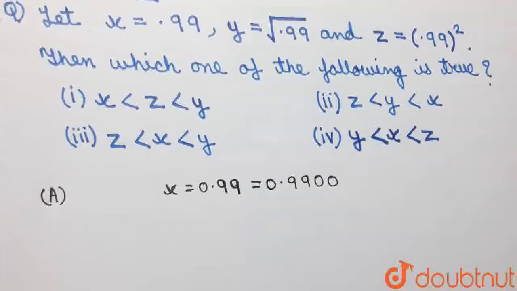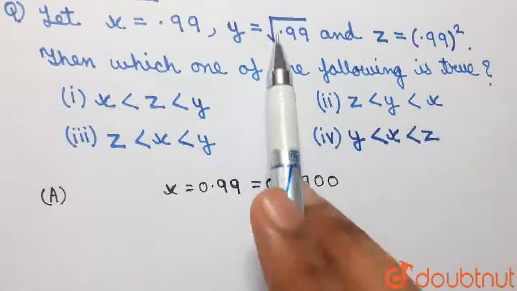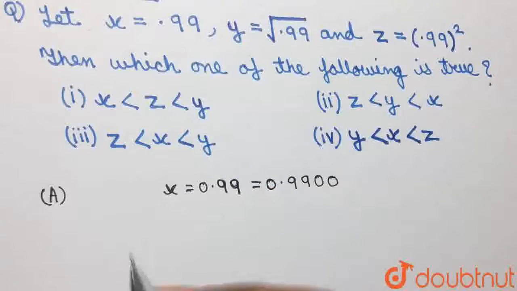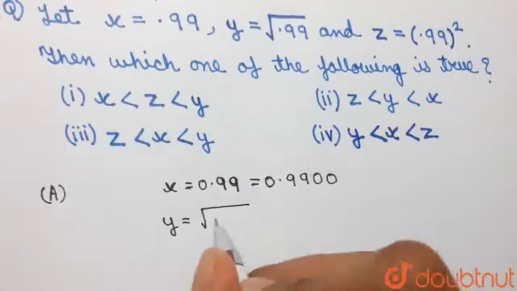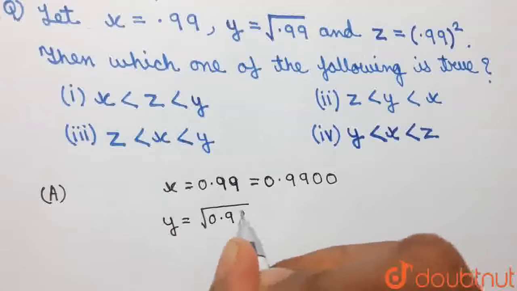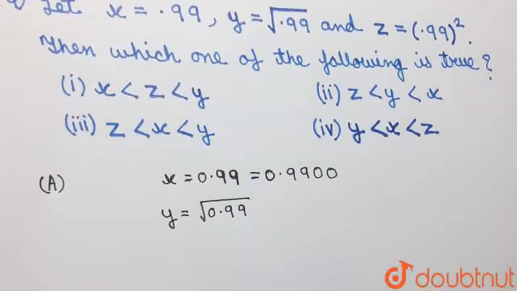Okay, so moving on to y. Y has been given equal to root over 0.99. Now we know that for any number lying between 0 and 1, the square root of that number should be greater than the number itself.